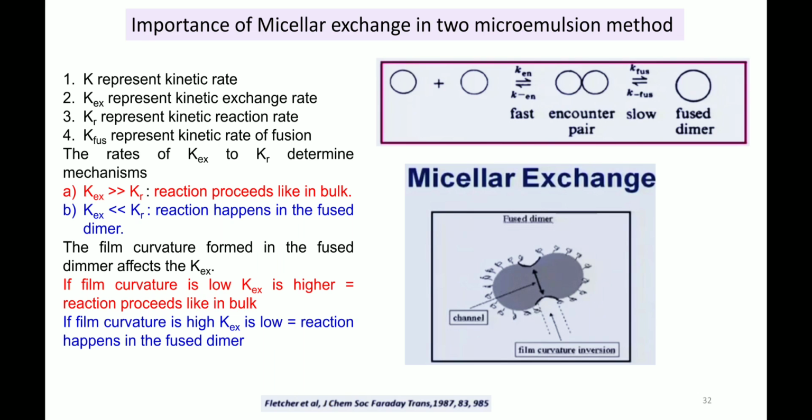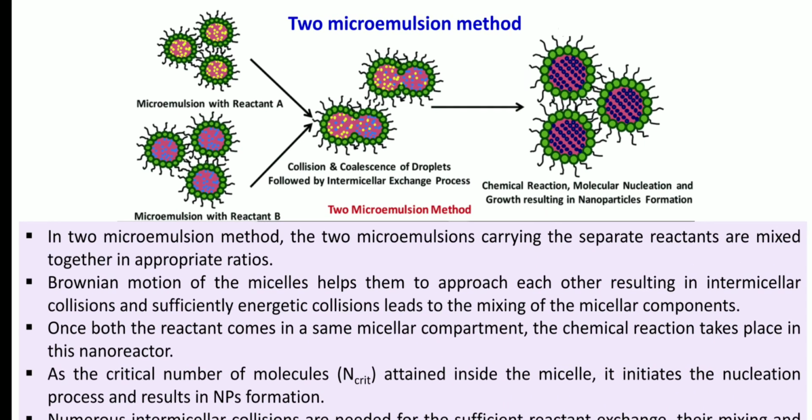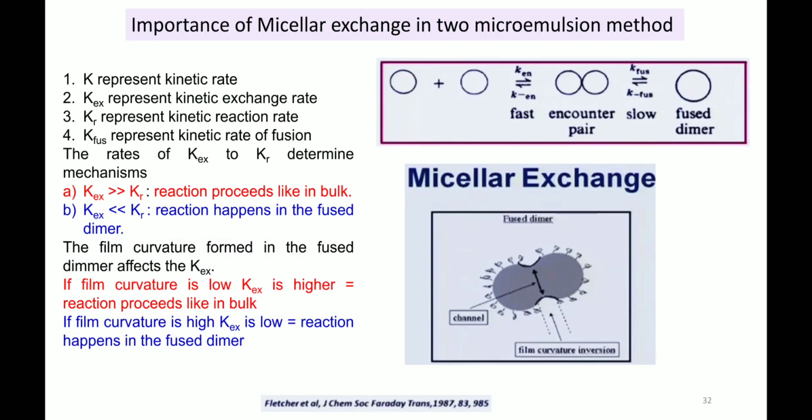Here is an important process which we need to understand, because we use a special terminology here, which is called the intermicellar exchange process. Let us try to understand the importance of this intermicellar exchange when two microemulsions are coming together.